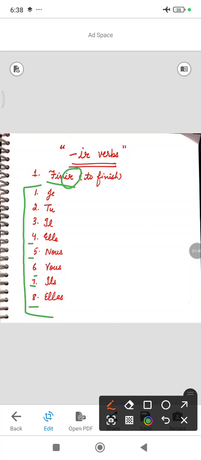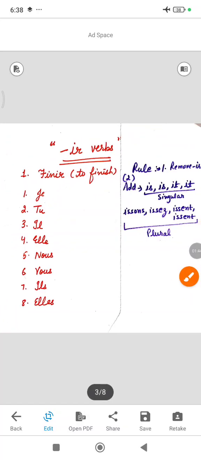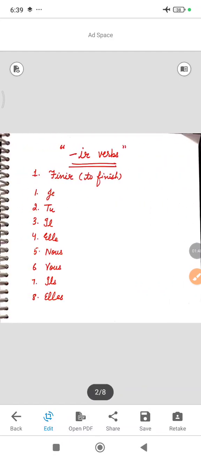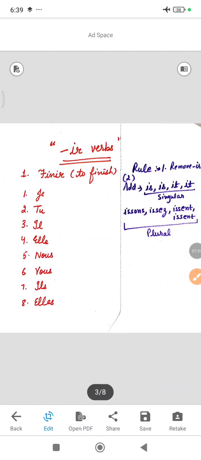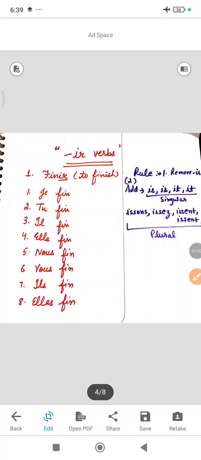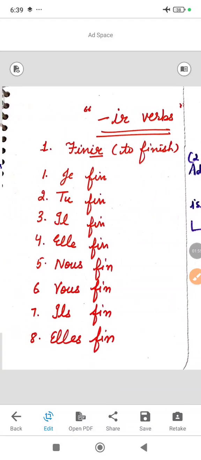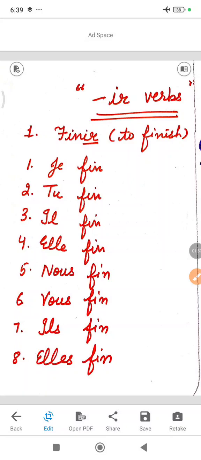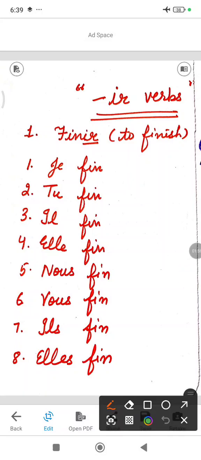So I have to write fini everywhere. We have to cut the IR and we will write fini everywhere. So IR we have cut. So what is left? Fin. Je finis.